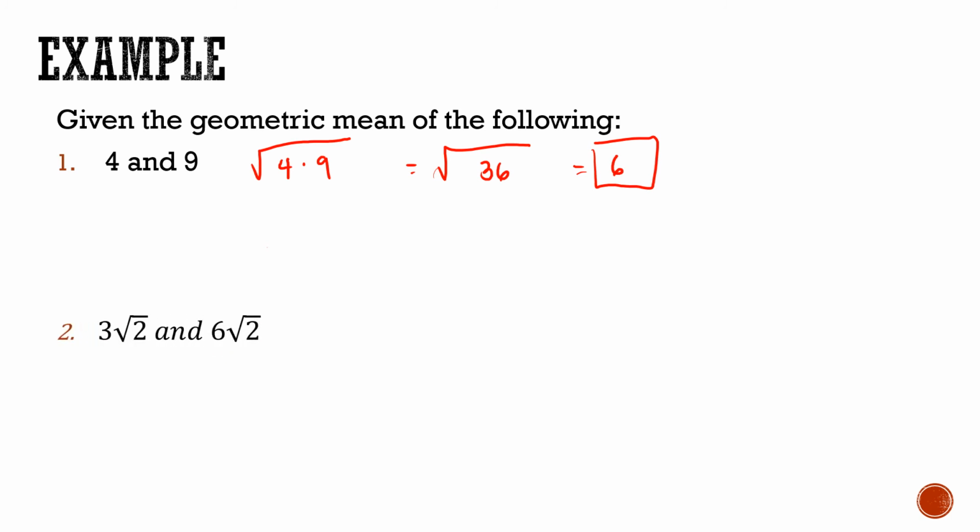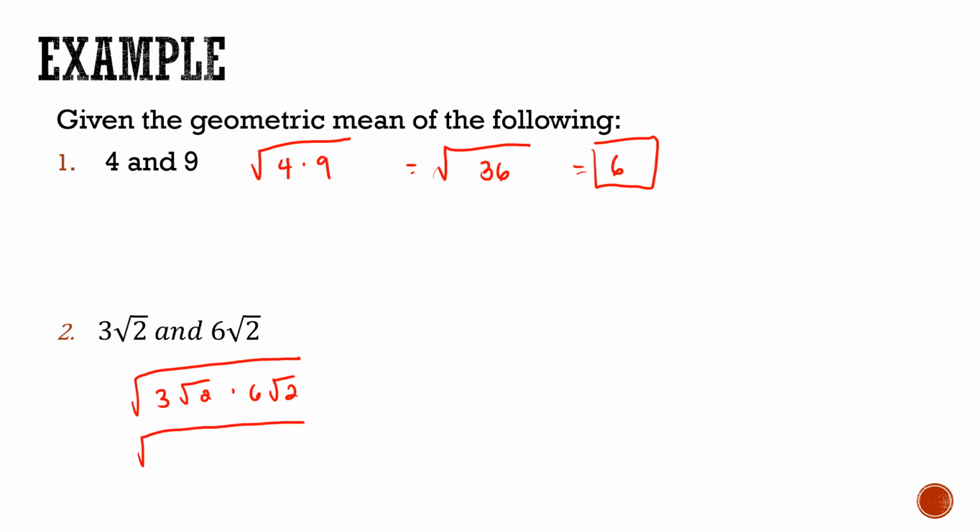The next one, find the geometric mean of 3 square root of 2 and 6 square root of 2. So we can write this as the square root of 3 square root of 2 times 6 square root of 2. So we'll be multiplying the numbers outside the radical sign, and we will also be multiplying the radical signs.